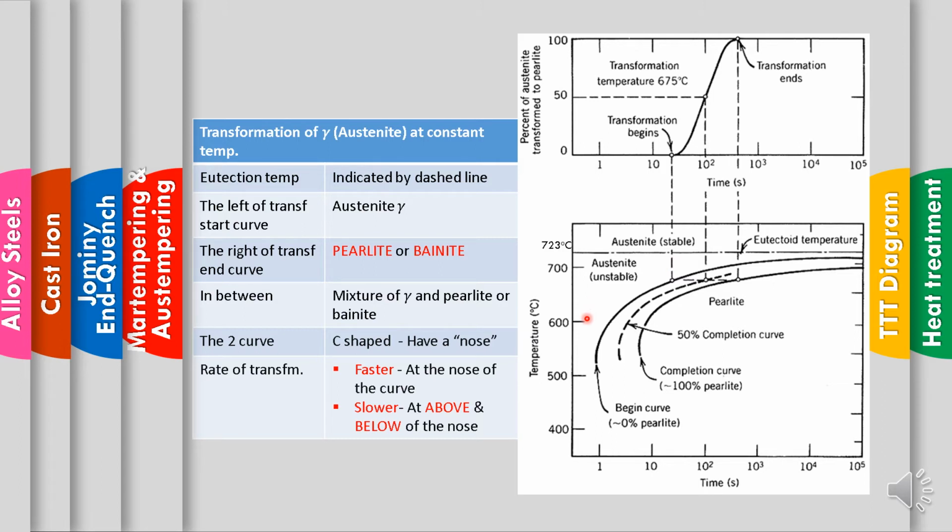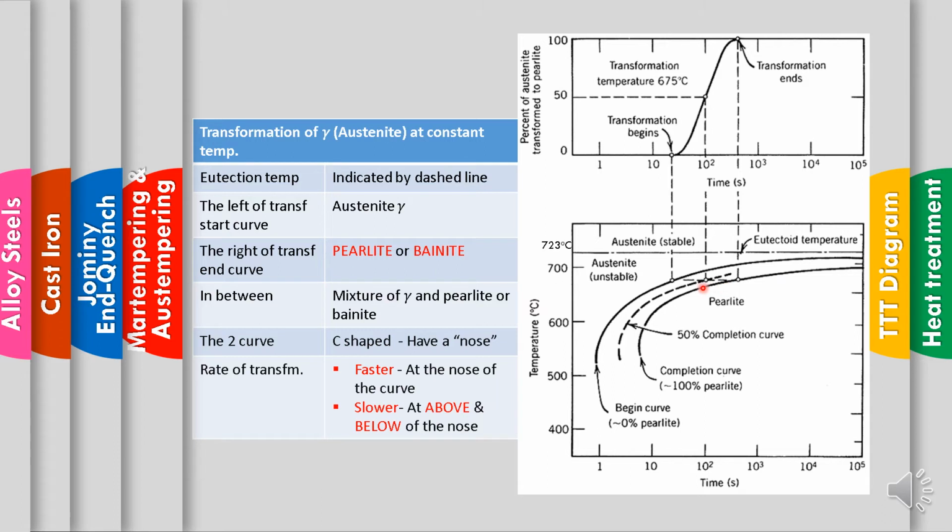The right transformation curve, from here to here, is the end of transformation, which is 100% completion. The austenite transforms to another phase, whether pearlite or bainite or something.